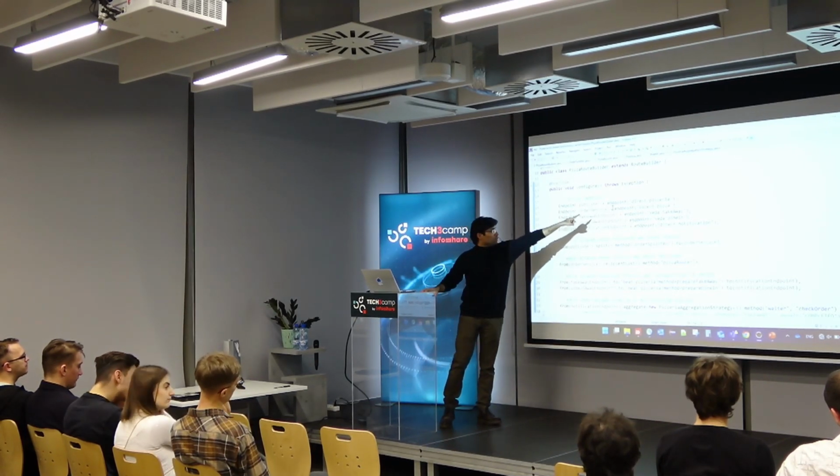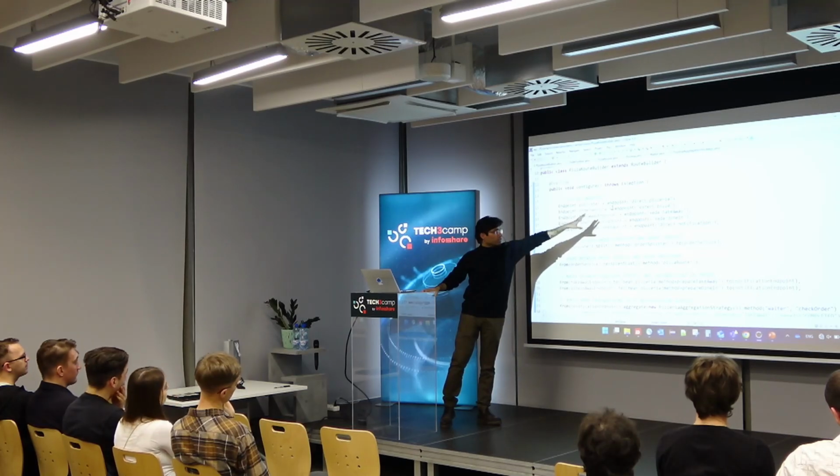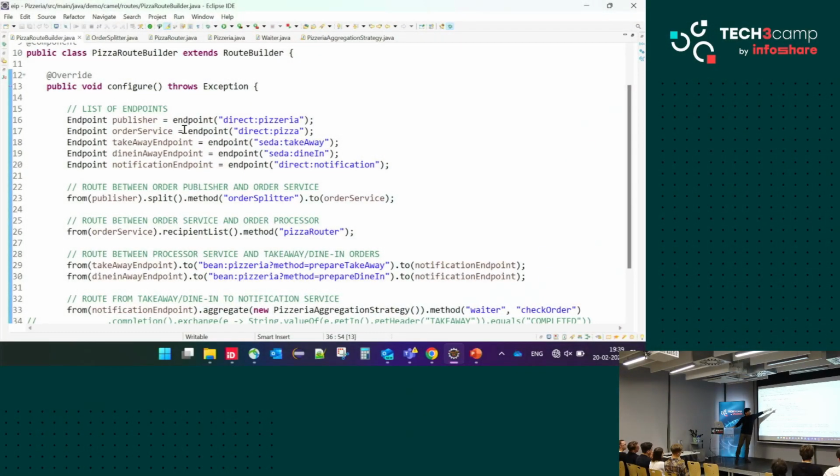The publisher is the endpoint. It's an in-memory endpoint, direct pizzeria. That endpoint would be defined with the help of, let's say, Kafka: the queue address, or if it's an ActiveMQ queue, ActiveMQ: the queue name, right? And at the receiving end, the order service will be reading from that particular queue endpoint. So rather than having an in-memory thing in place, I would be having actual components that are interacting with each other. I hope that answers the question.